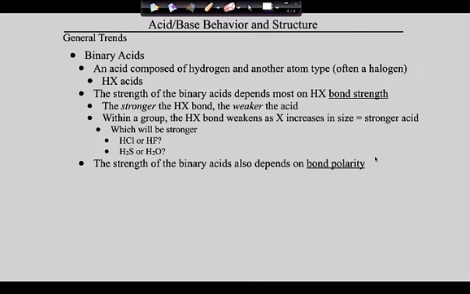So guys, as we move left to right, the electronegativities go up, the bond becomes more polar, and the acids become stronger. So there's the relationship there. Summarizing that, the strength of the acid increases as the electronegativity of X increases, and as we move to the right, they become more electronegative.